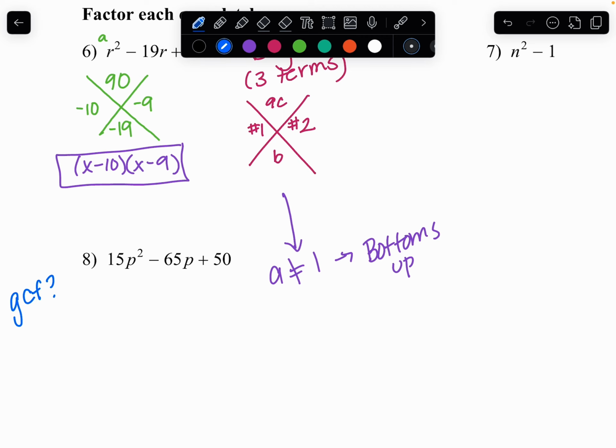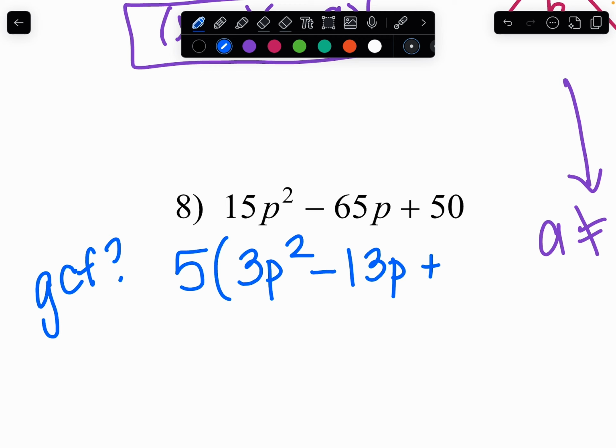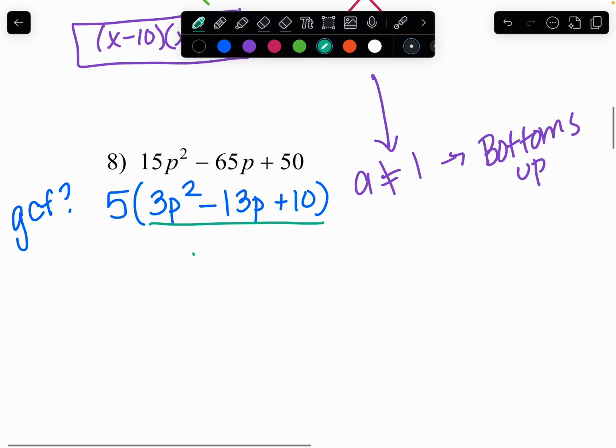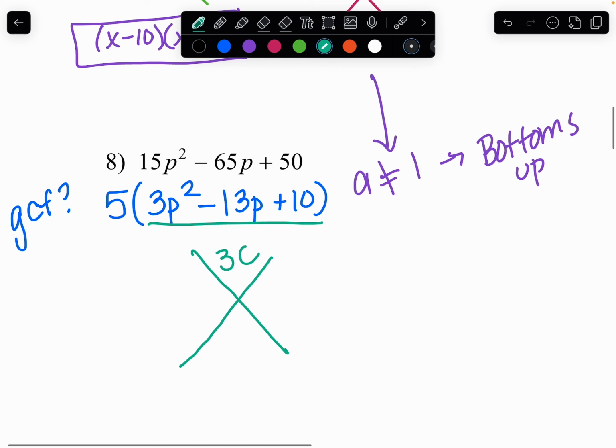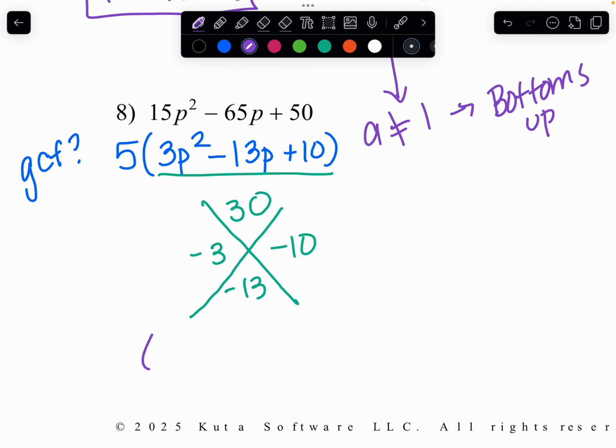There is, because they all have 5 in common. So when I factor that out, I'm left with 3p squared minus 13p plus 10. Now I'm going to work with that inside piece. What 2 numbers multiply to get 30 and add to get negative 13? Negative 3 and negative 10. So my factors then are p minus 3, p minus 10.